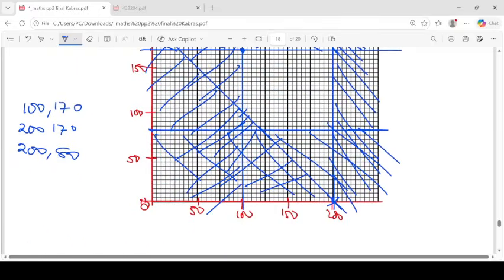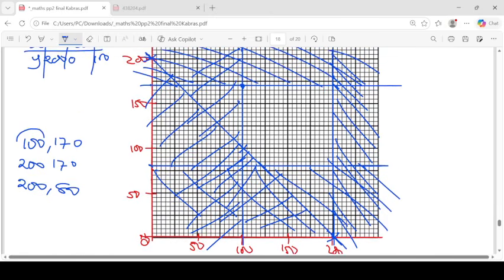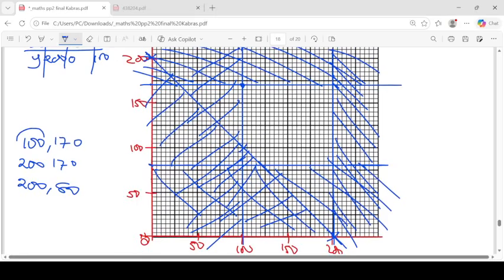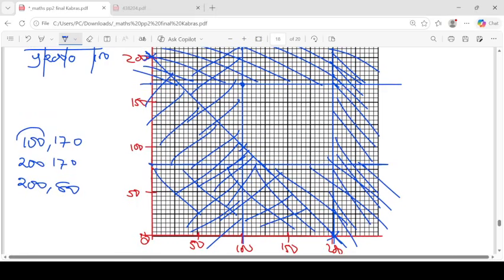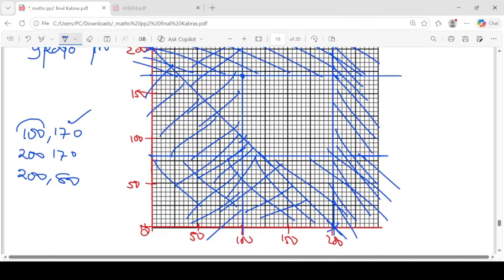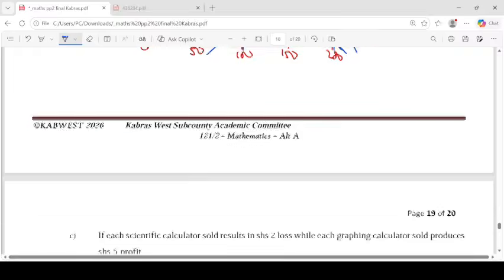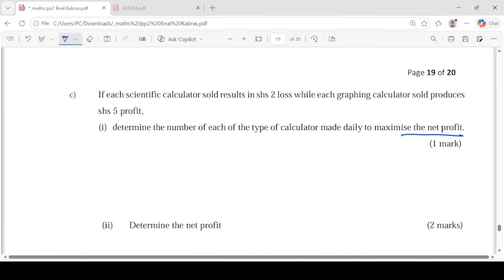So for it, you know that we want a big value of y and a small value of x. I can see we have this top point. This top point is x 100, y 170. That is the best, because the loss should be small, the profit should be big.